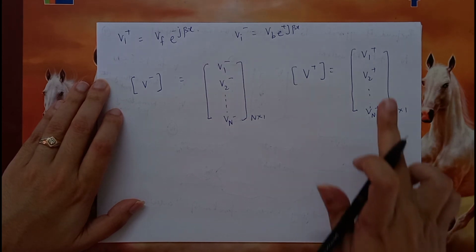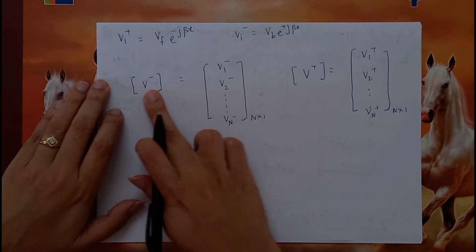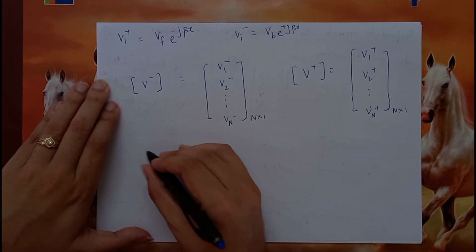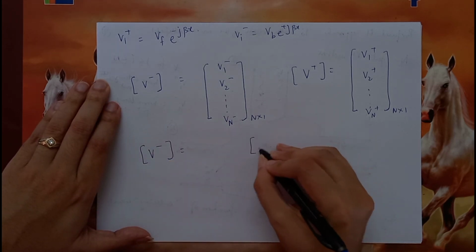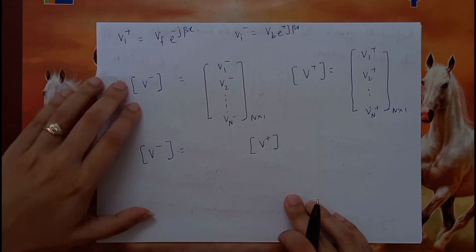Now, to correlate V minus as a function of V plus, we define it in this way. V minus equals a matrix times this V plus matrix.